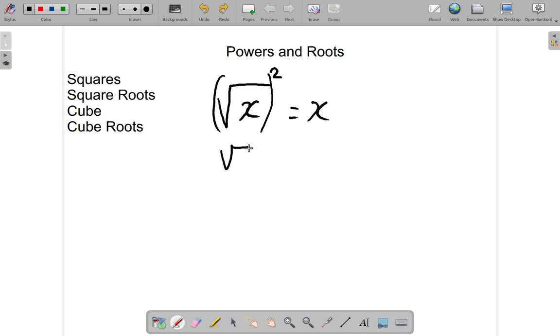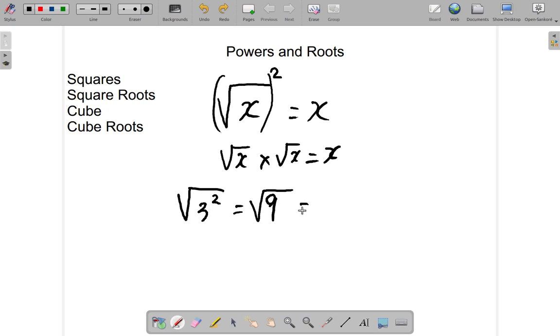In other words, the square root of x times the square root of x is equal to x. Just like the square root of 3 squared is the square root of 9, and the square root of 9 is 3. It's also negative 3, but we're concentrating on the positive root at this time.